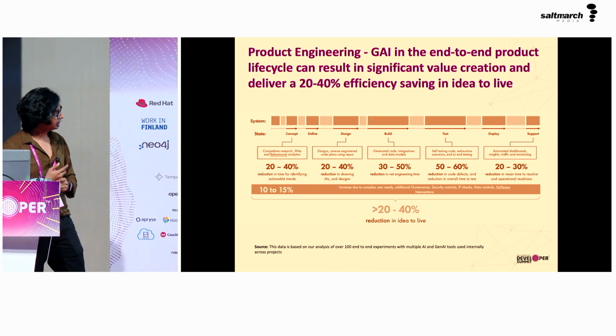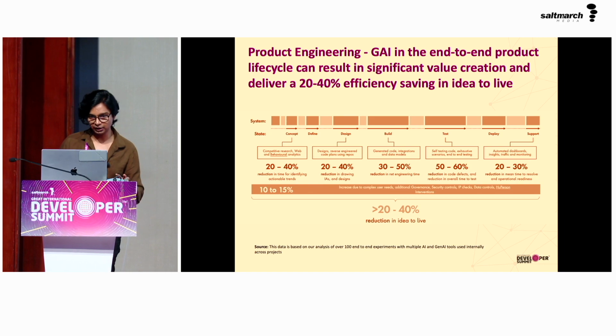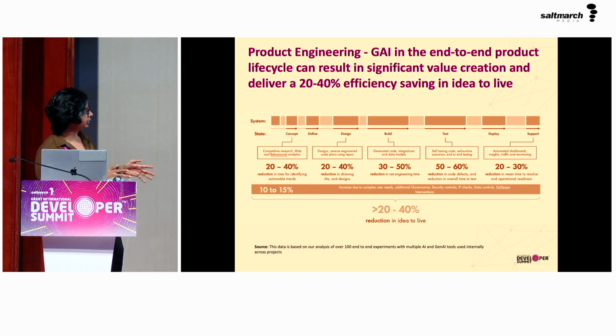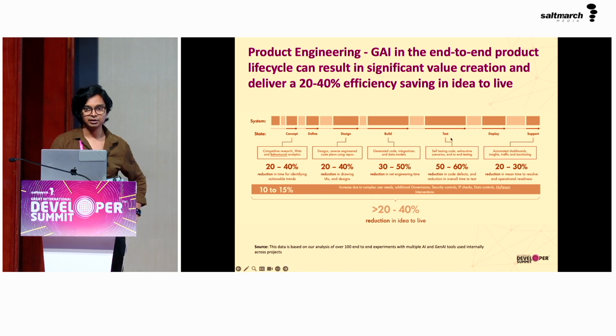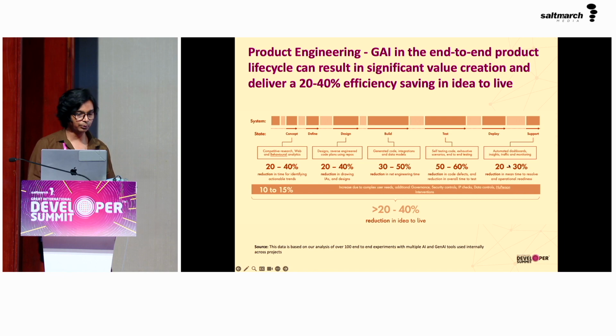We are already looking at a reduction in time from idea to live of 20 to 40%. There are certain stages where we are seeing more bang for the buck, like testing, which earlier used to be a lot of manual activity. We are seeing a significant reduction in time. Similarly in the build phase, and similarly in the deploy and support phase.